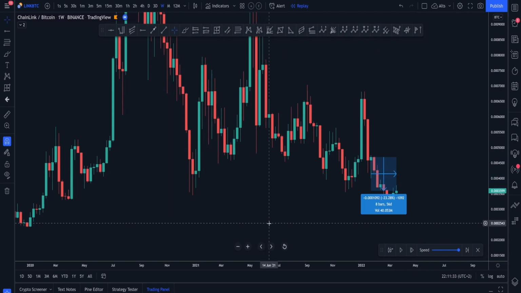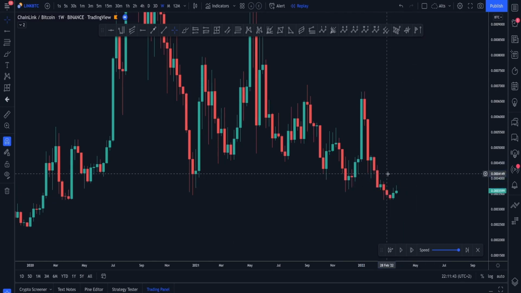This shows that it is very important to check the altcoin BTC pair to see if it can outperform Bitcoin and produce higher USD returns.